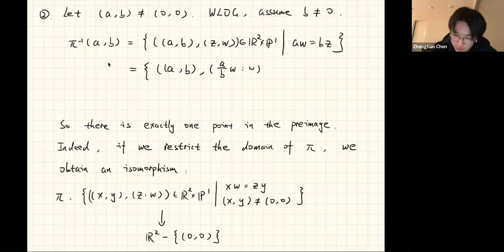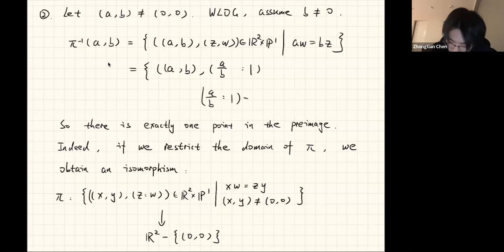But there's no more constraint, and because points in the projective space have the same coordinates if they differ by a scalar multiple, and this W is 1, we can get rid of it, right?